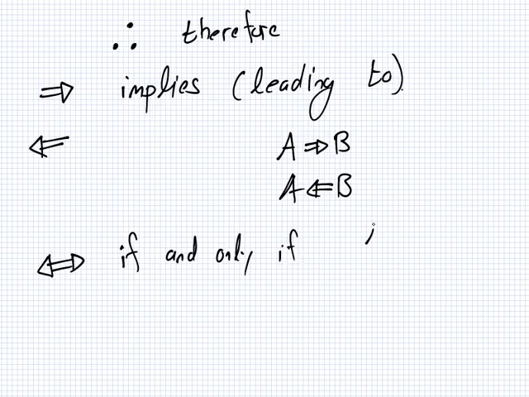It means that logically you can go both ways. You can go from A to B and you can go from B to A. Both directions are logical. What about the first one? Here, A to B does not mean you can go B to A, logically.